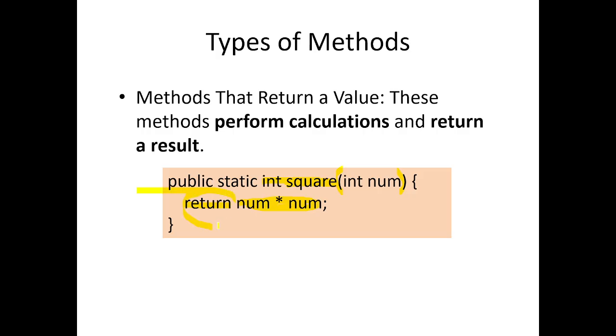Then we have the keyword return. Since there is a keyword return, this is a method that performs calculations. How do we know there is a calculation? Because there are arithmetic operators involved here, and there is a return value in this program.